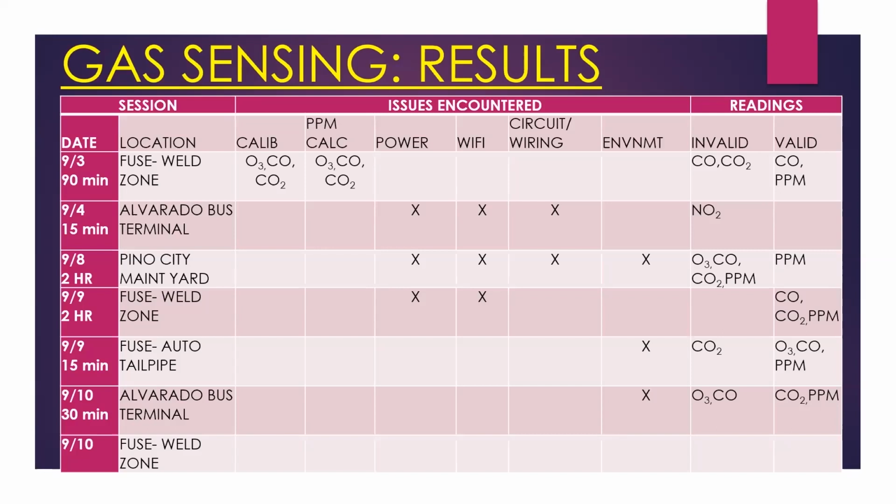And you can see we had a number of problems that were encountered over this last week. Starting at the top on the 3rd, we encountered calibration and PPM calculation problems with carbon monoxide, carbon dioxide, and ozone.